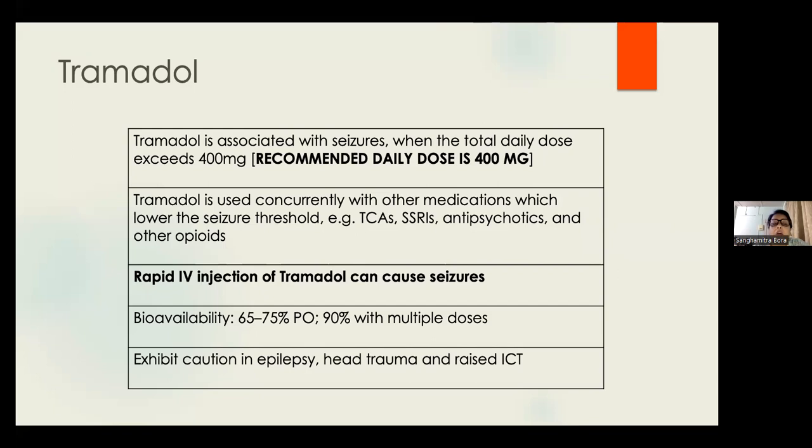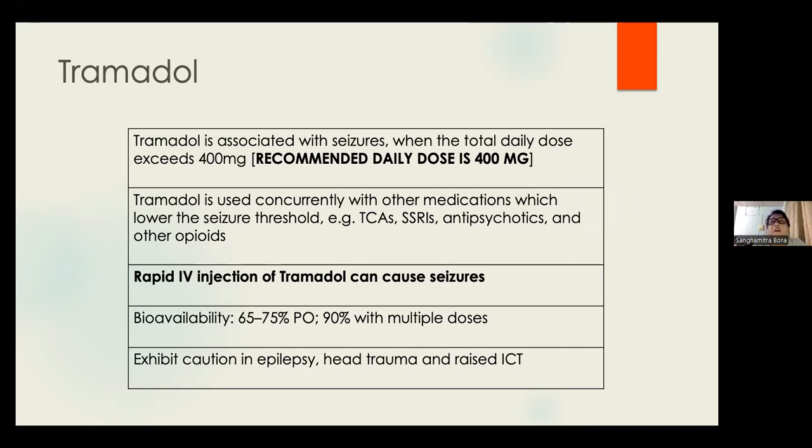So we need to understand how much tramadol is needed and what is the background of this particular patient, because if the patient has epilepsy, has had a head trauma, or has a raised ICP, as seen in many conditions, we generally will not use tramadol. And please do not use a rapid IV injection of tramadol because it can precipitate seizures.